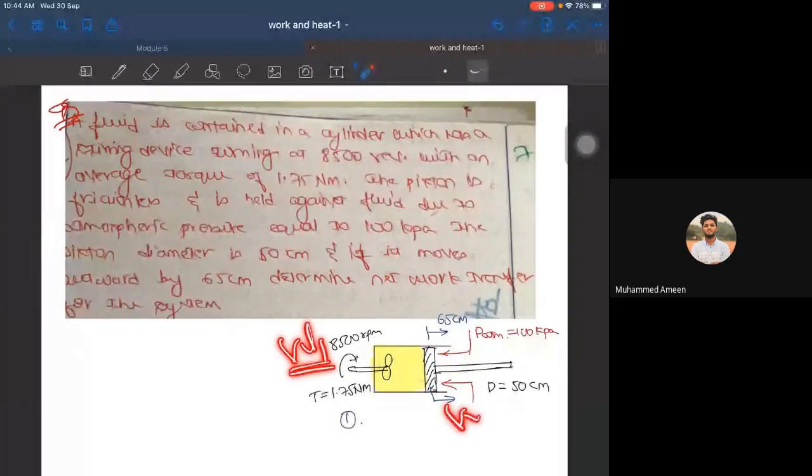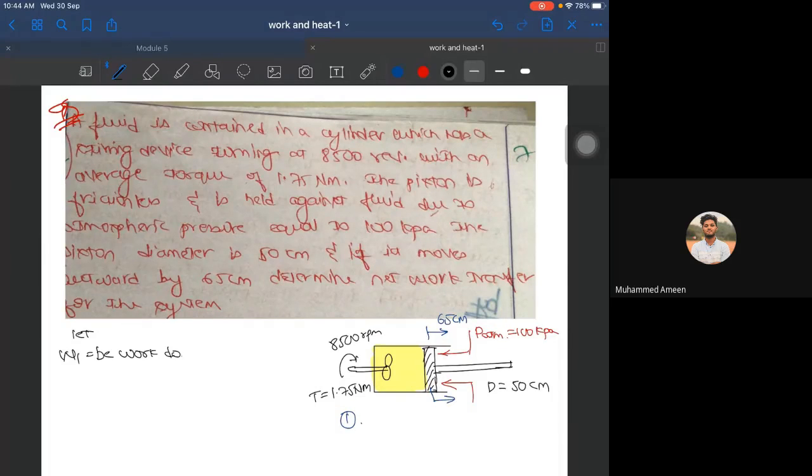For an instance, I will write: let W1 be the work done on the system using an agitator, what he has specified, a stirring device. So just use whatever he has specified.